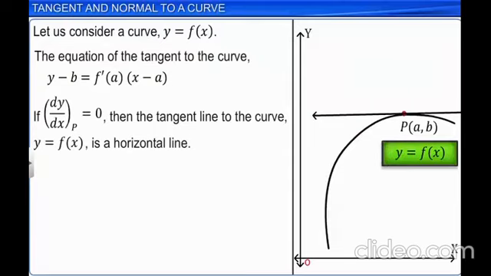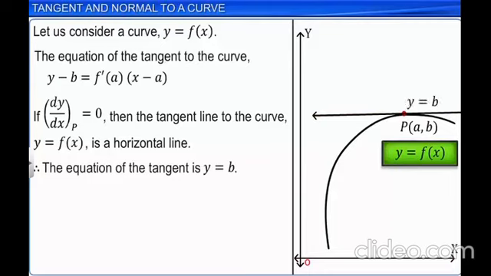So, if dy/dx at P is equal to 0, then the tangent line at P is parallel to the x-axis. In this case, the tangent line is parallel to the x-axis. Hence the equation of the tangent line is y = b.